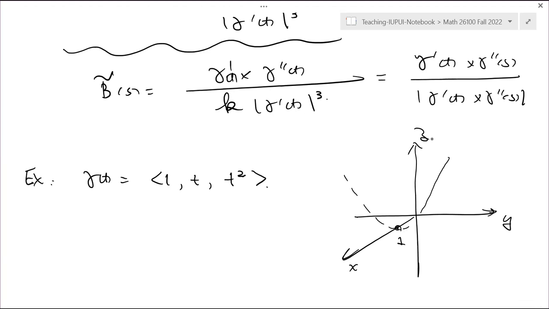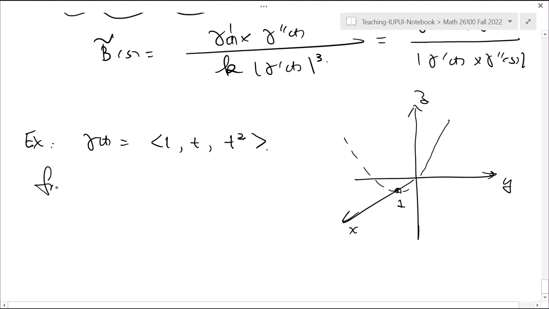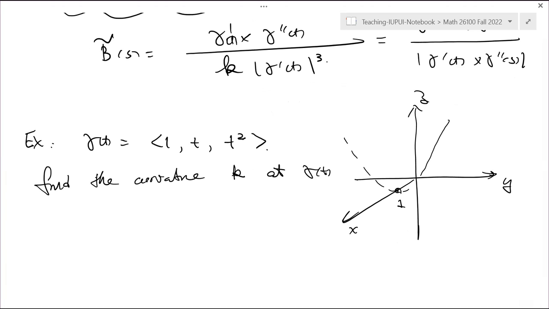Okay. So I want to find the curvature k at point gamma t. Now, if possible, we also want to find the T and B at the point gamma t.